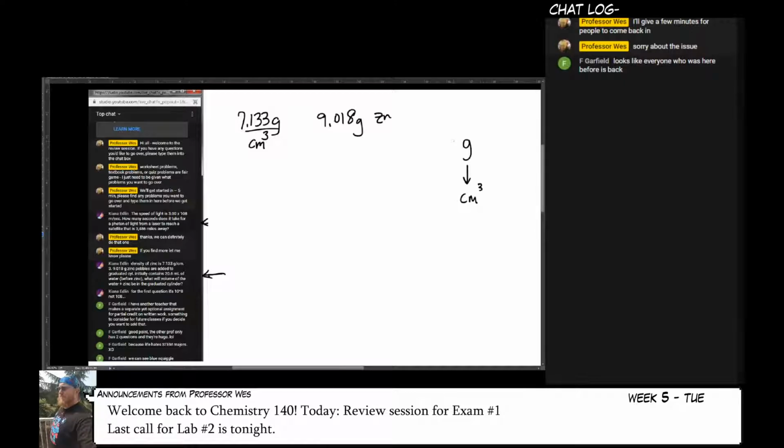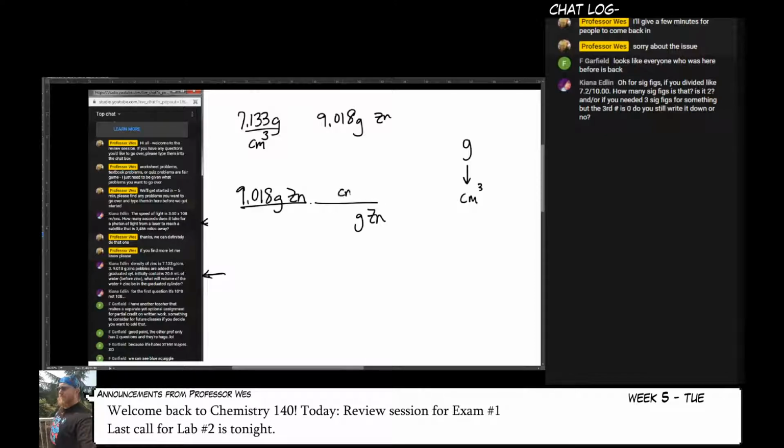I just take the mass of zinc, divide it by the density, and I get volume. So let's do that real quick. I have this many grams of zinc, and then I'm going to divide it by grams of zinc per cubic centimeter, and that's just the density. And so what is that? Where's my calculator? 9.018.